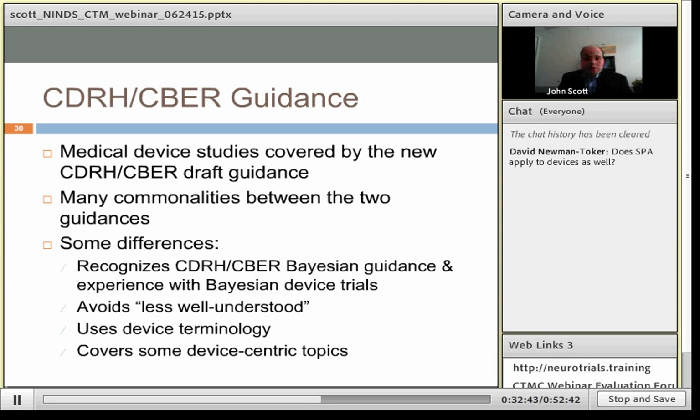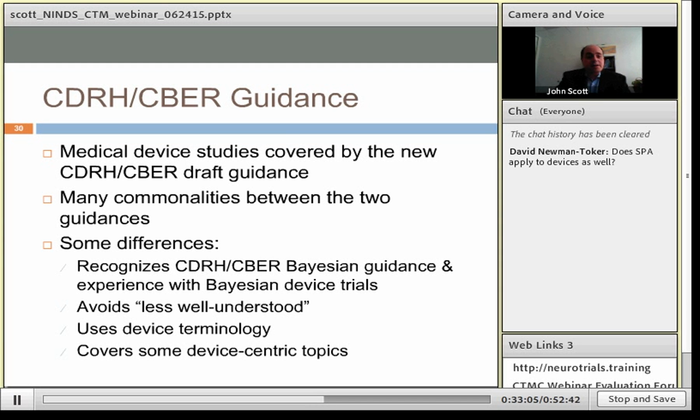It doesn't use the terminology less well understood, and it uses device terminology instead of drug and biologic terminology. Just to take a simple example, I believe the drug and biologic guidance title has the word trial in it, and the device guidance has the word study in it.